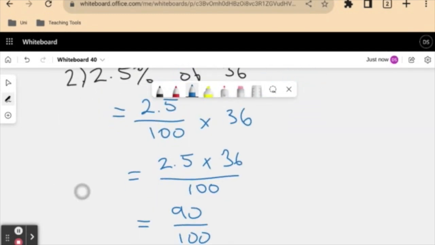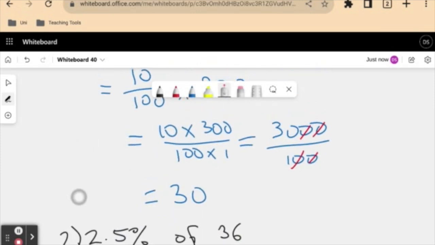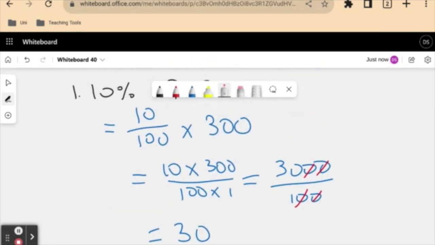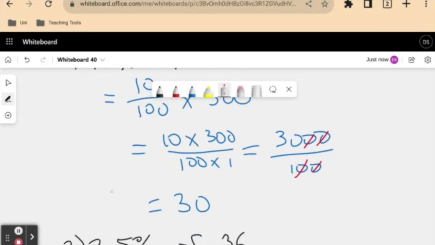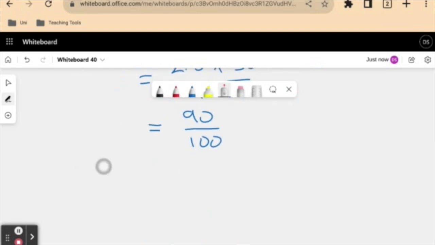Now, we're not going to get a whole number, are we? Because this thing here is a fraction. Before, we had a really big quantity of 300, so we ended up simplifying that to just some number over 1. But now here we have 90 over 100.